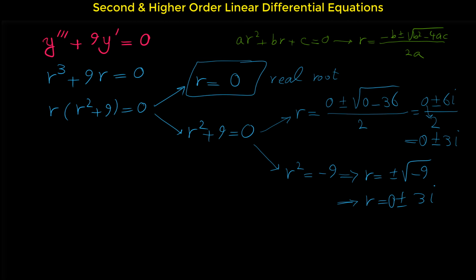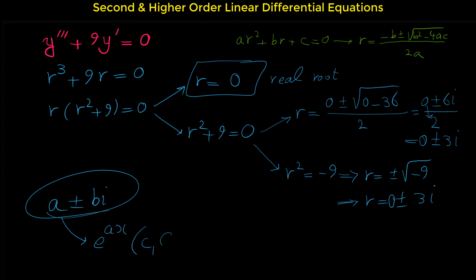Now let me remind you, when we have complex roots in the form of a plus minus bi, two conjugate complex roots, the solution of the differential equation is e to the ax times c sub 1 cosine bx plus c sub 2 sine of bx.